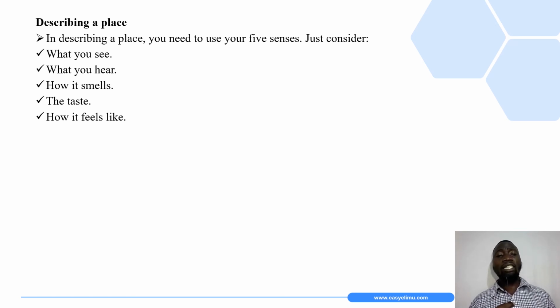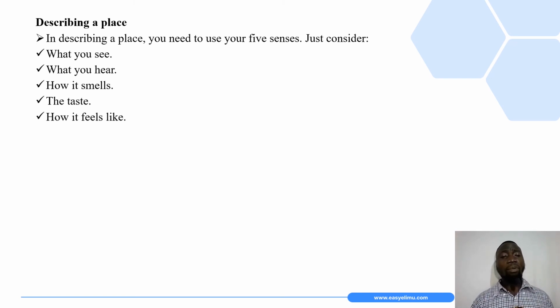So it is only a person that we can describe by giving both the inward characters and the outward characters. But when it comes to either an object or a place, we only look at what we can physically see.